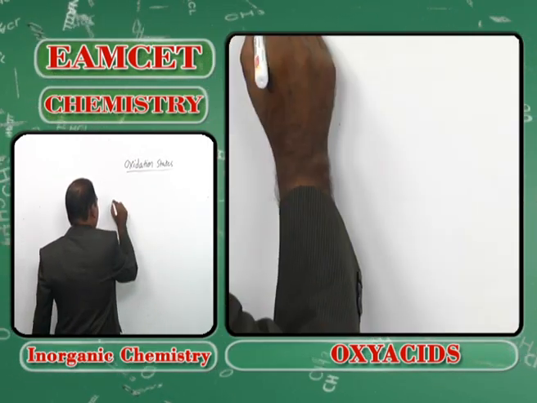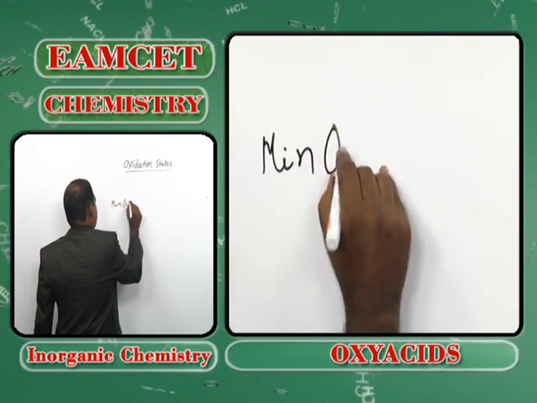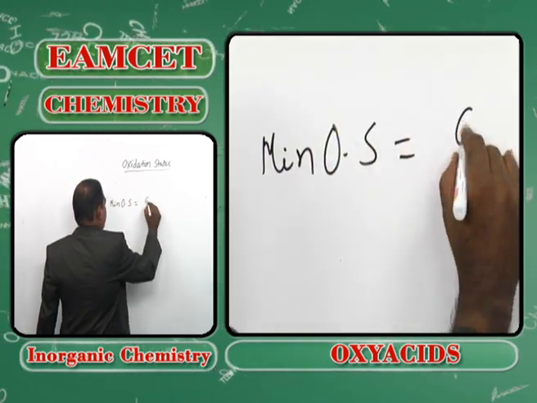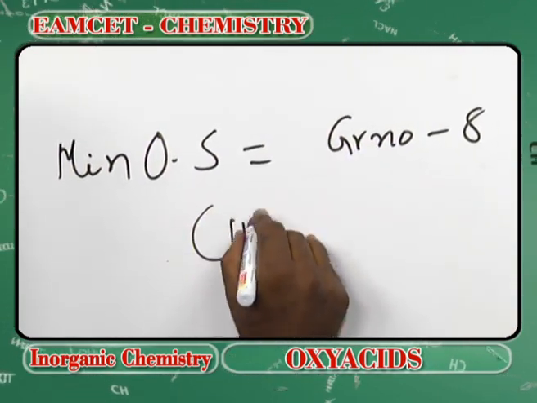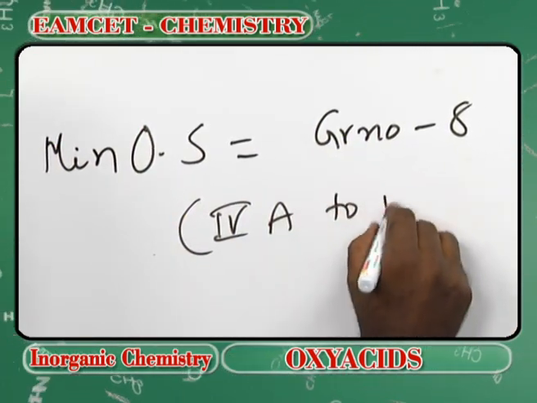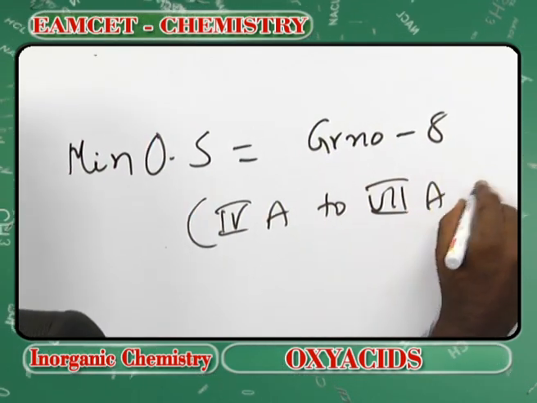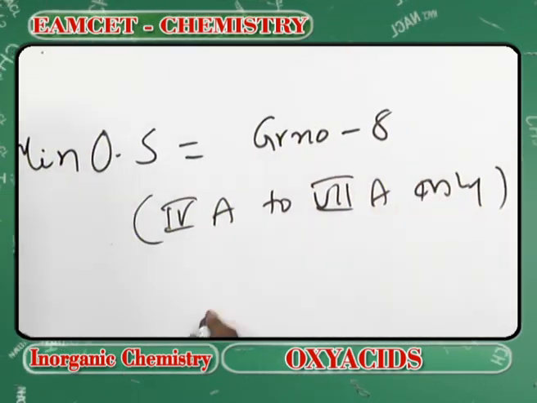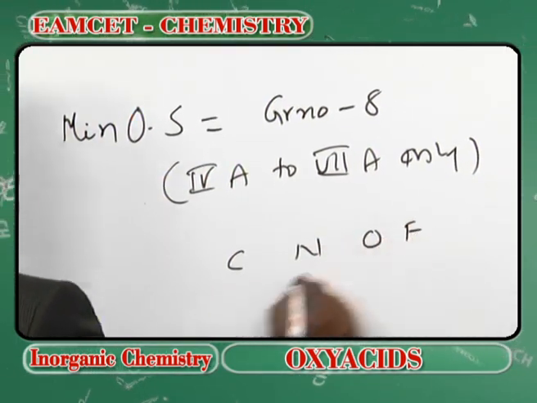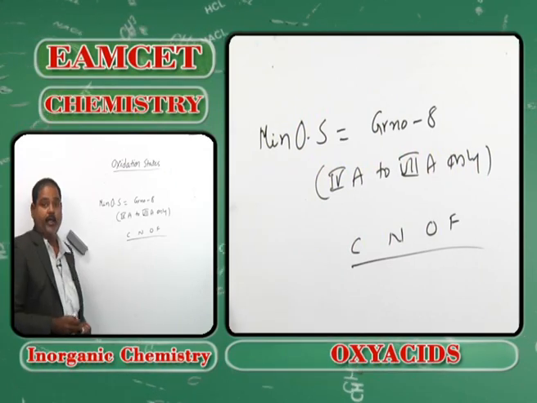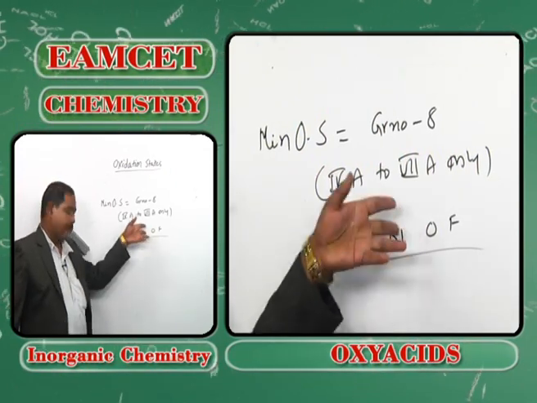And minimum oxidation state is equal to group number minus 8. But this is for 4A to 7A only. This is for 4A to 7A only. That is starting with carbon, nitrogen, oxygen, fluorine, only these 4 groups: carbon family, nitrogen family, oxygen family and fluorine family of the P block.